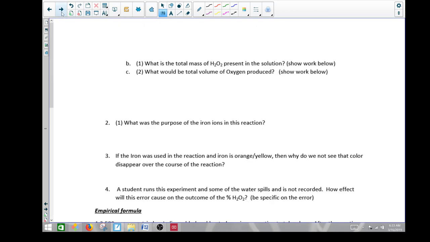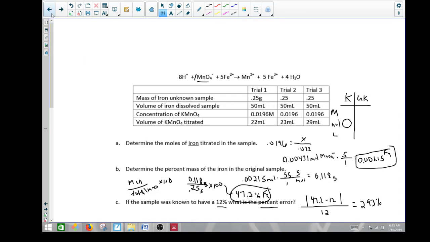What would be the total mass of hydrogen peroxide present in the solution shown below? What would be the total volume of oxygen produced? All right, let's go back and grab some data here.